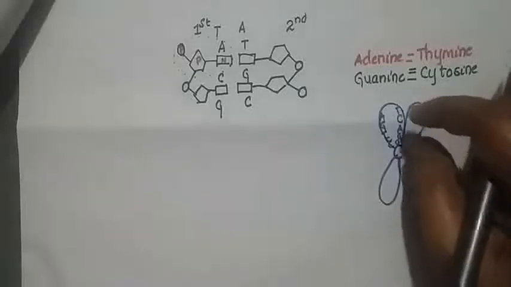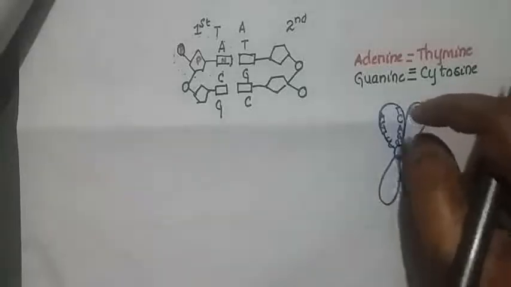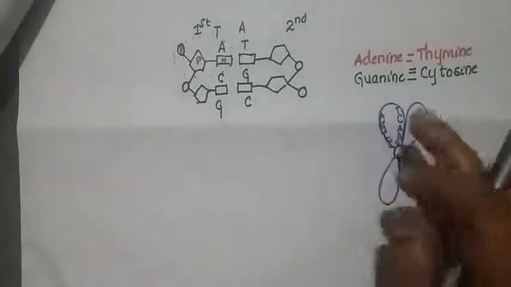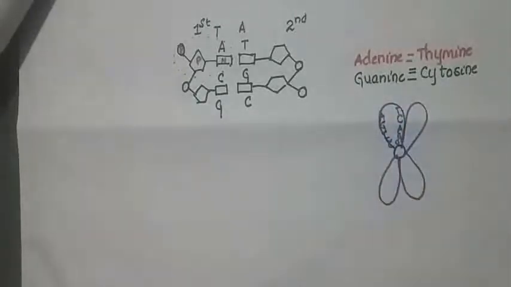So a proper or a particular sequence of nucleotides will determine your body feature. So whatever you have received from your parent, that arrangement of nucleotides will determine your body feature.